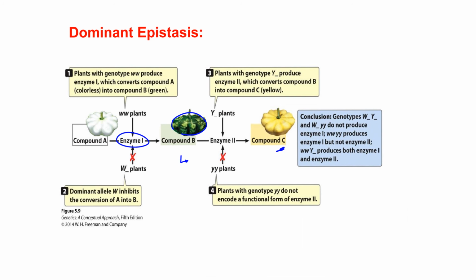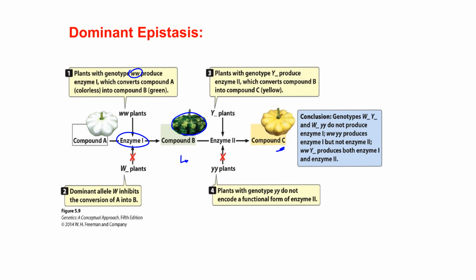Now, let's make a scenario that enzyme 1 is constitutively active, however, it's controlled by gene W. So gene W, imagine, encodes an inhibitor.